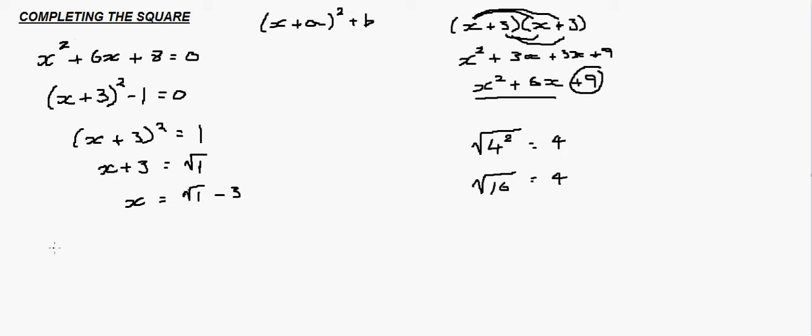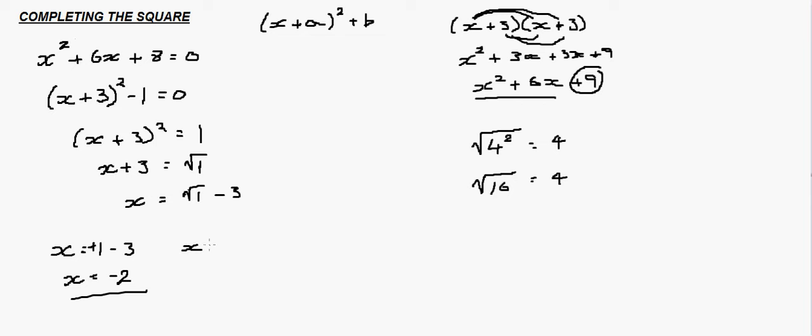So first I say, okay, well I'll take the positive value of this root. So x equals 1, or if you want plus 1, minus 3. So x must equal, now 1 minus 3 gives me minus 2. So this is one of my solutions.